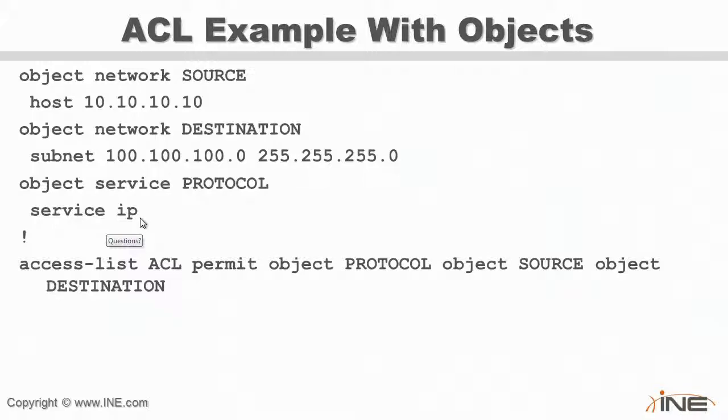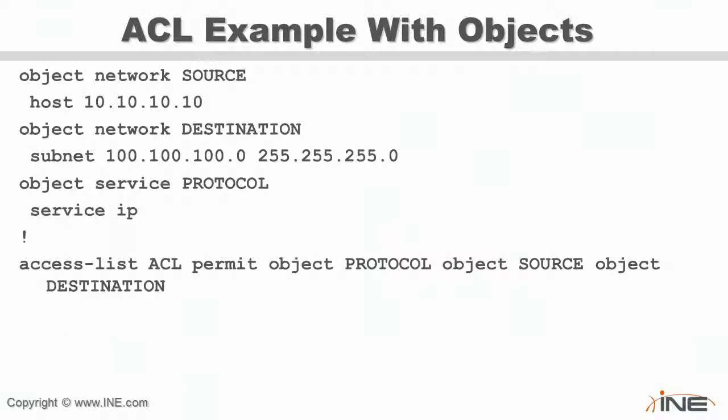But again, the difference here is that the object is only matching one entry. It's not matching multiple entries at the same time. So the group can say, you know, these are the destination ports, these are the destination servers. The object is always going to be on a one-to-one basis. So one source, one destination, one source subnet, one destination subnet, and then the same for the protocols and the ports.